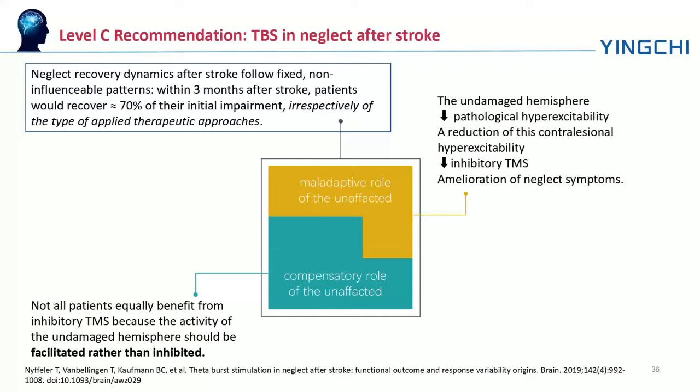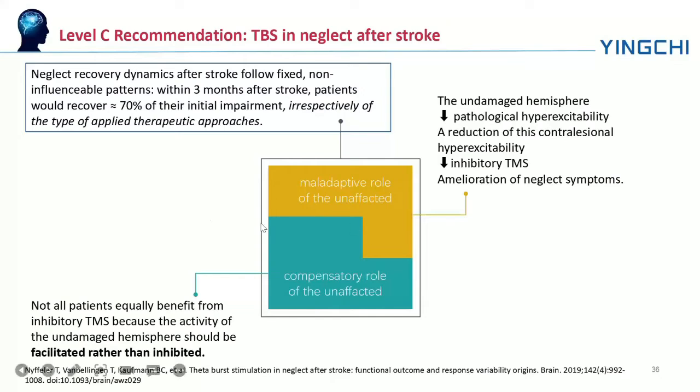A reduction of this contralateral hyperexcitability has been typically targeted by inhibitory, non-invasive brain stimulation, which is a low-frequency rTMS, and generally resulting in an improvement of neglect symptoms on the group level.